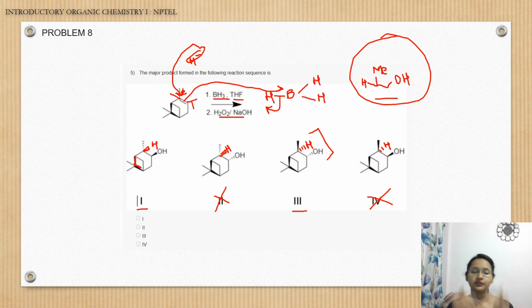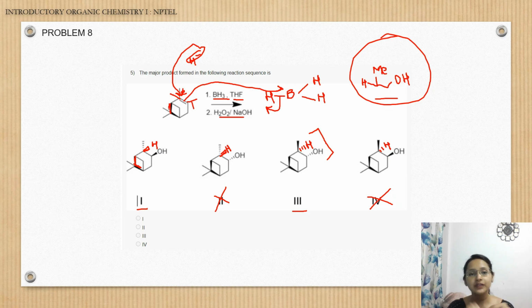Understanding? What I'm saying is, first and third both can be the answers, right? Both have the same stereochemistry, and the location of OH and H is right. But the secondary thing you need to know is that amongst these two, only one can be the answer. So you have to see the stereochemistry of the ring as well.